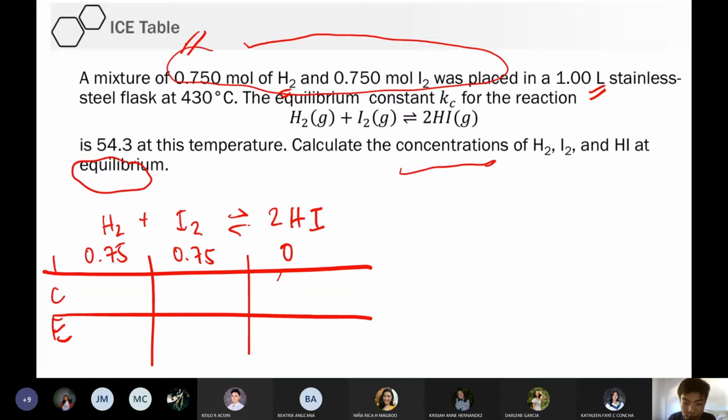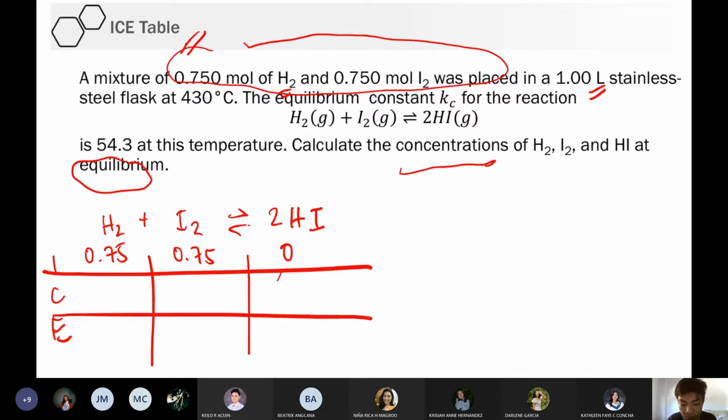Again, whenever you have zero concentration on the product, the reaction is going to the product side. Also, if you have zero concentration on the reactant side, then the reaction is going to the reactant side. So where the zero is, the reaction is going there.